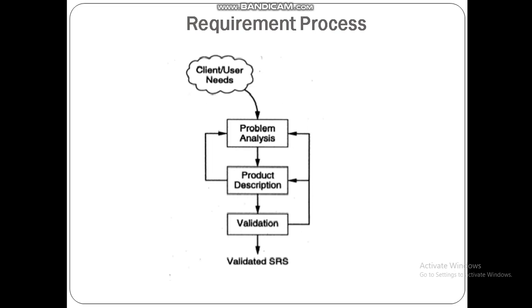So the developer validates whatever requirements were gathered and specified, to check whether they satisfy the user need or not. If it does not satisfy the user need, the process goes back. That means we change the specifications and restart the analysis.